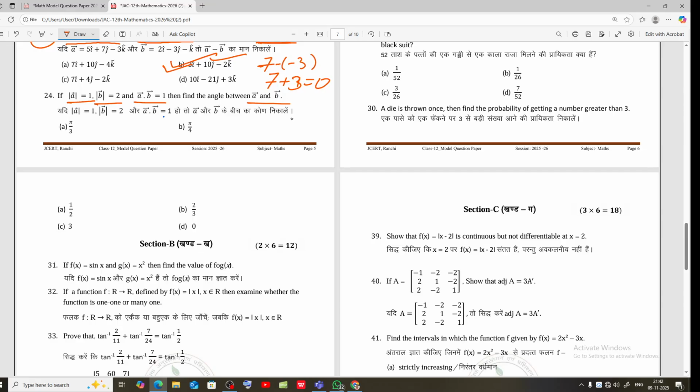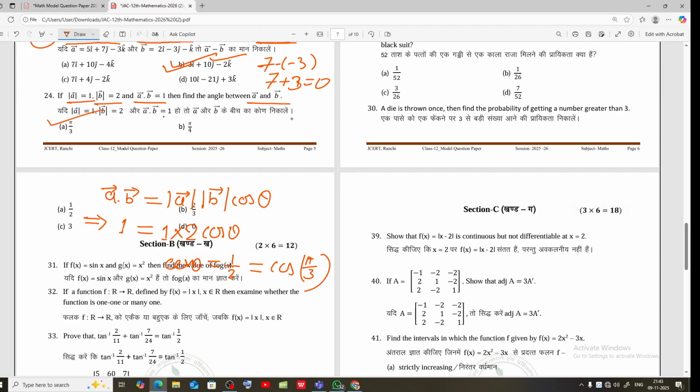Find the angle between A and B. The dot product of A and B equals magnitude of A times magnitude of B times cos theta. So 1 equals 1 times 2 times cos theta, that means cos theta equals 1 by 2, which is cos 60 degrees, that means pi by 3. Your answer is pi by 3.